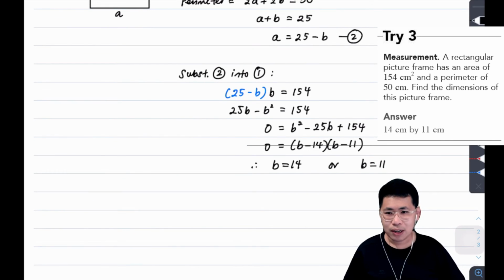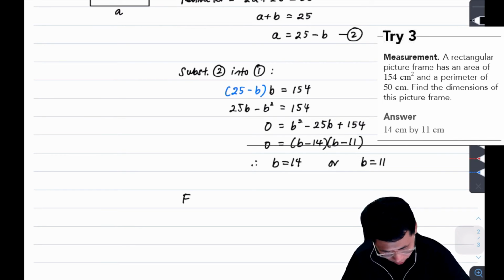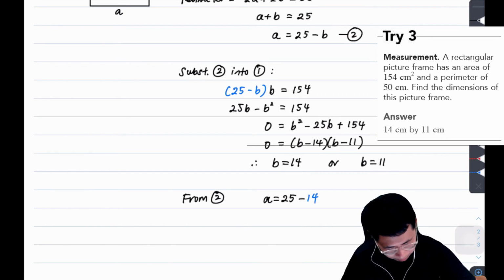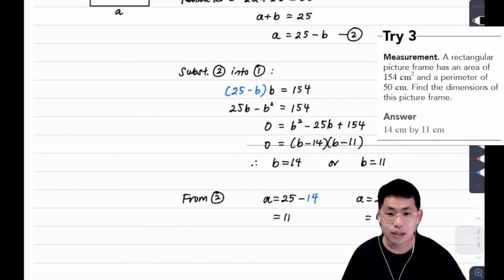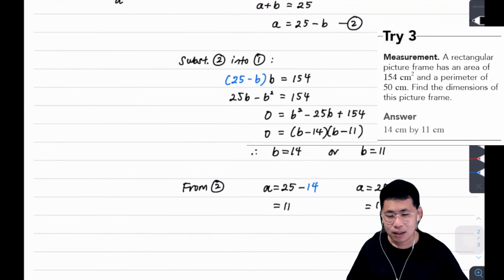So with this, what is A? From equation 2, A would be equal to 25 minus 14. Sub the 14 there. 25 minus 14 is 11. Same thing, 25 minus 11 gives me 14. So actually both solutions are the same.